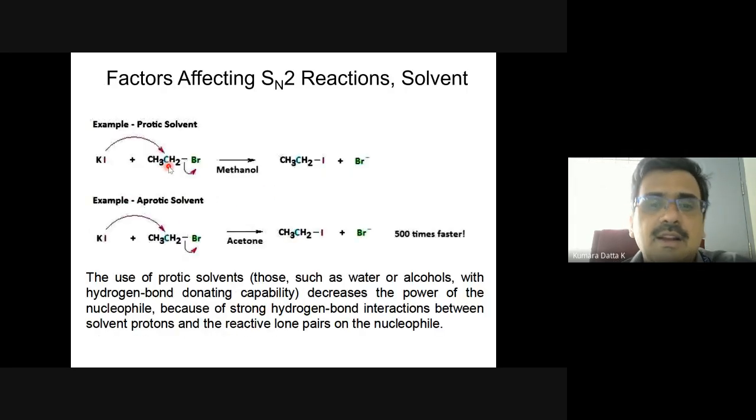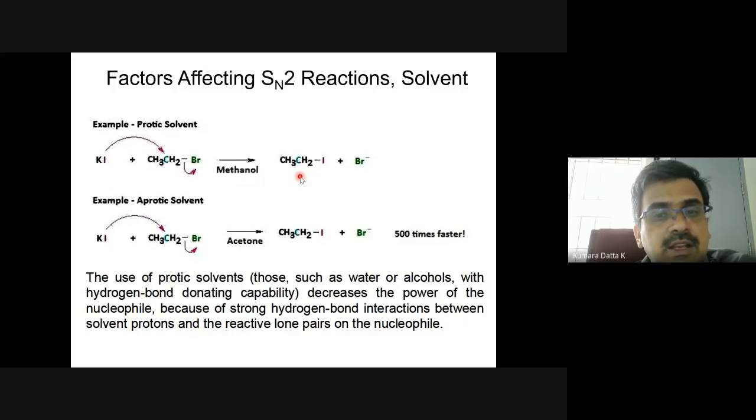Again, we also have to take care of the case with respect to protic solvents, like what happens if you have a polar medium as compared to an aprotic solvent. If you have methanol versus acetone, you can have methoxy and H plus.